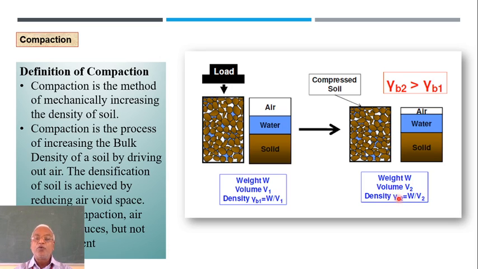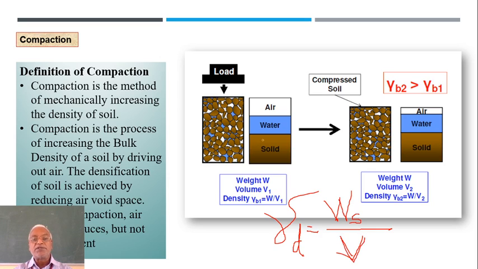But gamma B2, when we calculate total weight, here also the water is remaining the same. It would be wise if I take gamma D into the picture. So one has to understand that what we generally compare is gamma D. Now what is gamma D? If you remember the definition, it is the weight of solids only, or weight of dry soil, in the numerator divided by the volume.